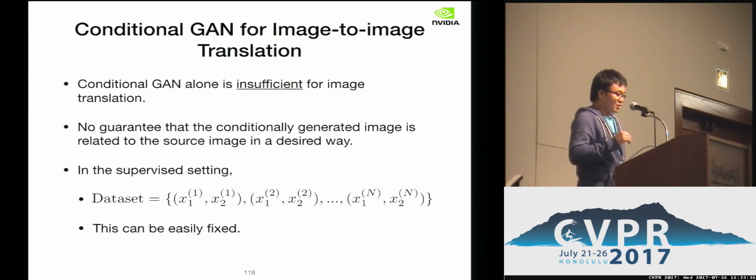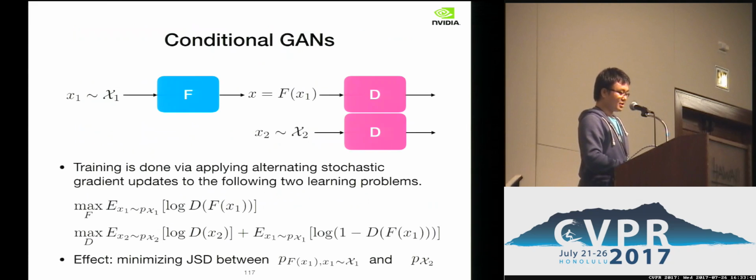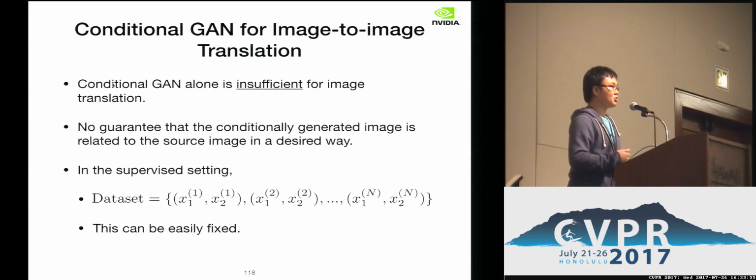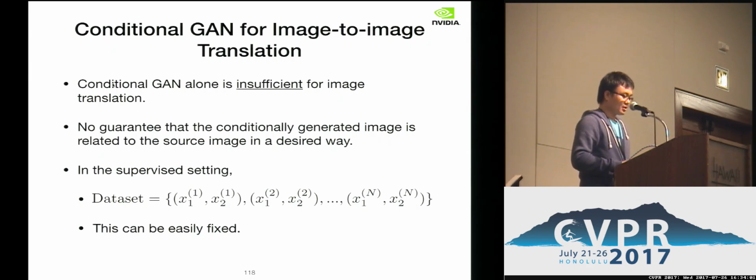So conditional GAN alone is insufficient for image translation. What I mean is, you generate some image, and as long as it looks like a real image, it's fine. It doesn't need to relate to the input image in any way, right? So you need an additional constraint to help you map an image to a corresponding image in the other domain.